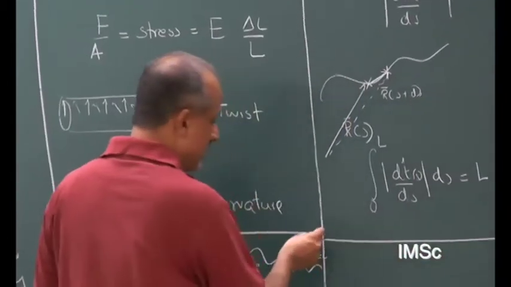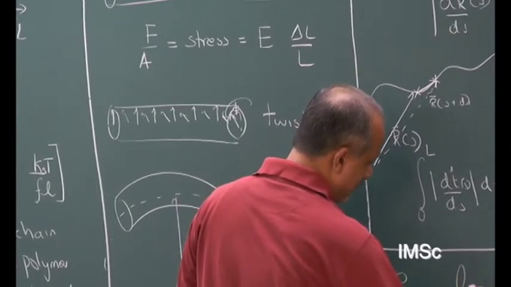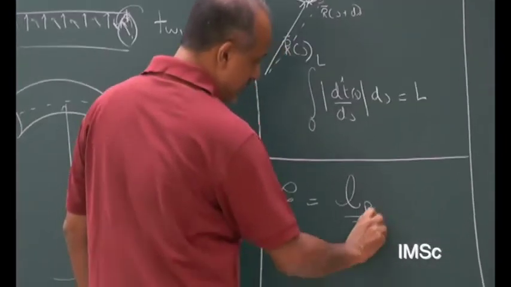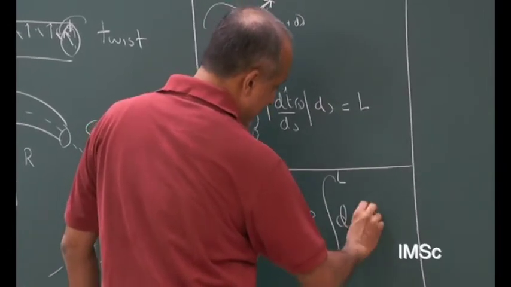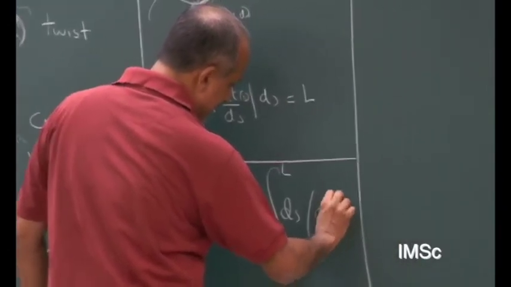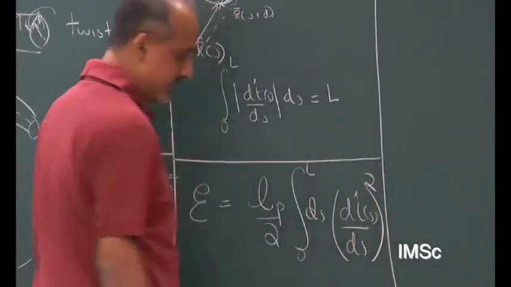Having done this, remember that we said we can write the energy of the system as some quantity Lp divided by 2, times an integral over this internal coordinate between 0 and L of d t hat of s by ds, the whole squared.